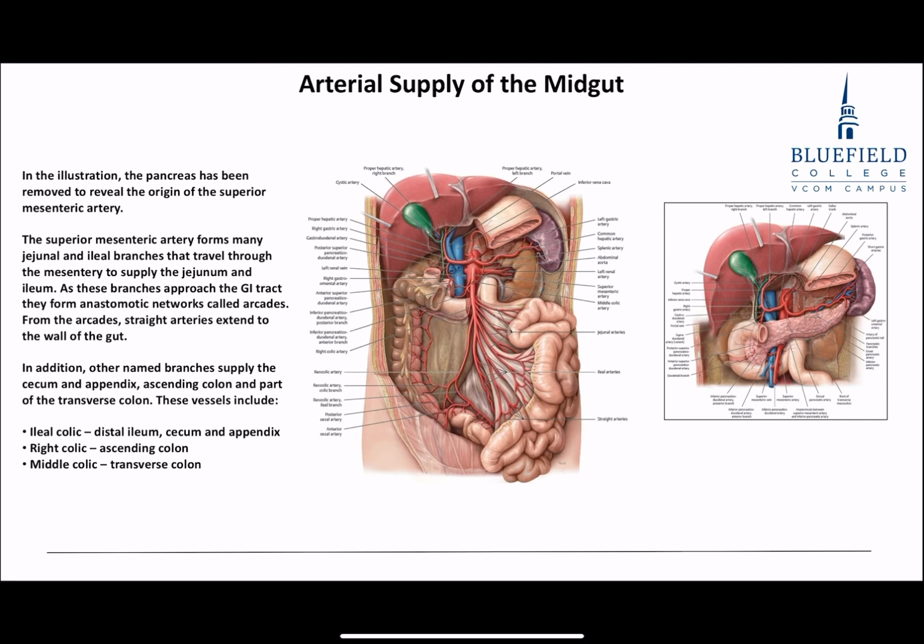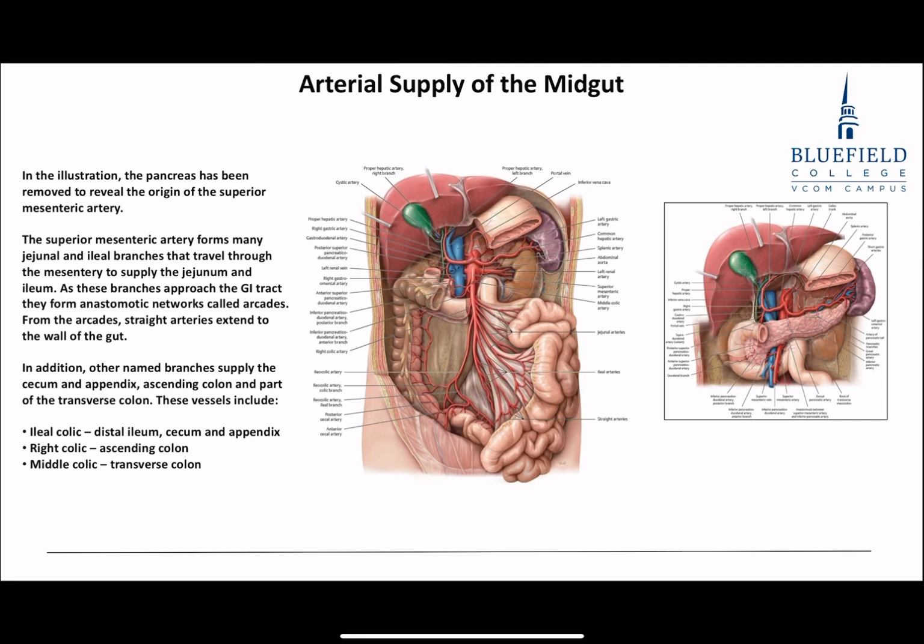So when we look at another picture, here's that picture we were just looking at where the transverse colon is removed. If we magically put the transverse colon back in place now, and the pancreas has been removed, here's the superior mesenteric artery, the proximal end of it, and you see this artery coming off of it that travels through this structure right here.